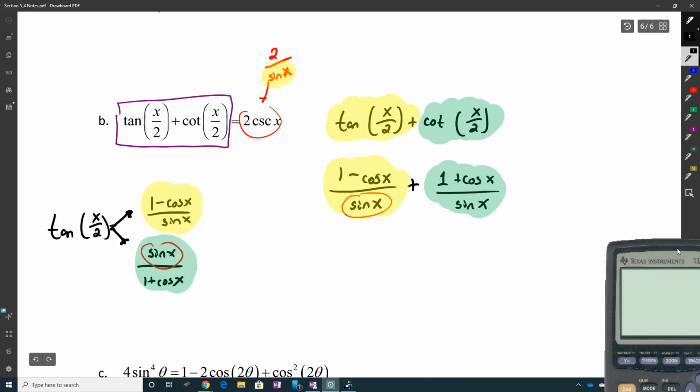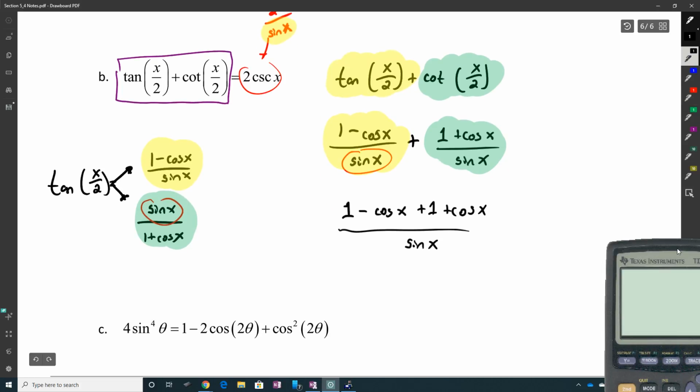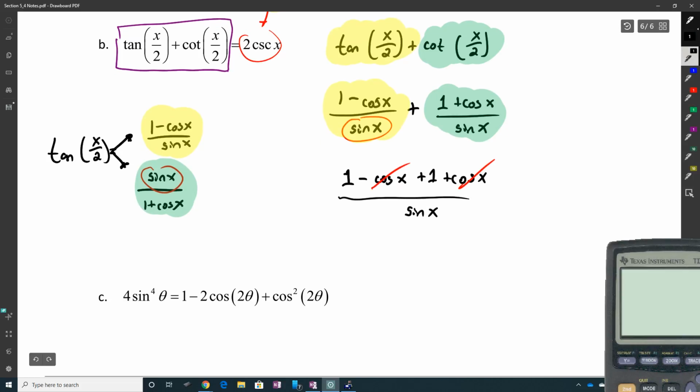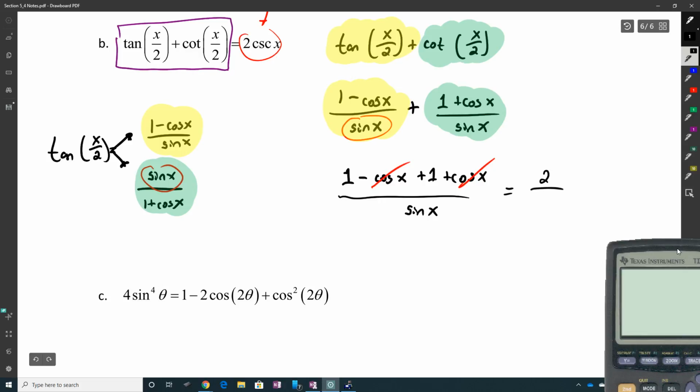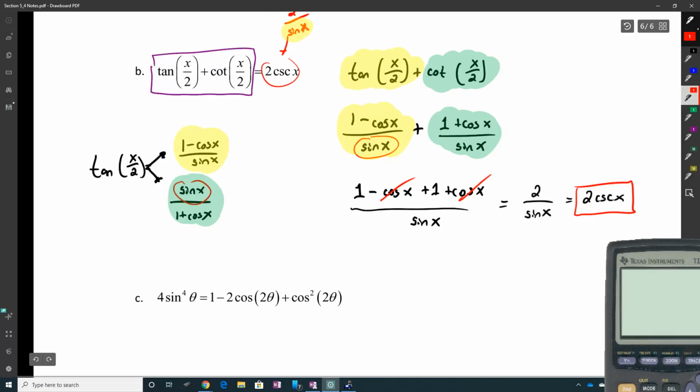Now they both have sine in the denominator, so it's 1 minus cosine x plus 1 plus cosine x over sine x. Negative cosine plus cosine cancels. 1 plus 1 is 2, which is 2 cosecant x. There you go.